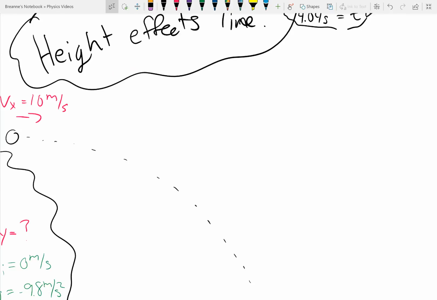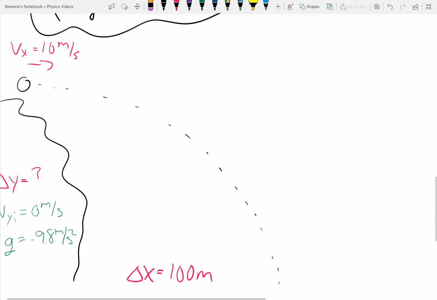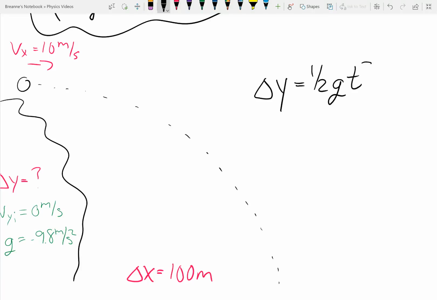I just love technology. So we'll be using our third equation. Our delta y equals 1/2 gt squared. We're looking for our delta y, 1/2 negative 9.8. Oh no, we don't have time.